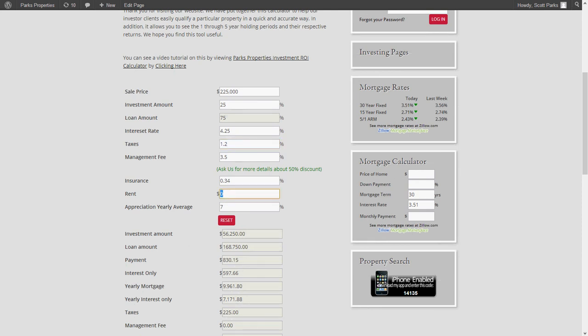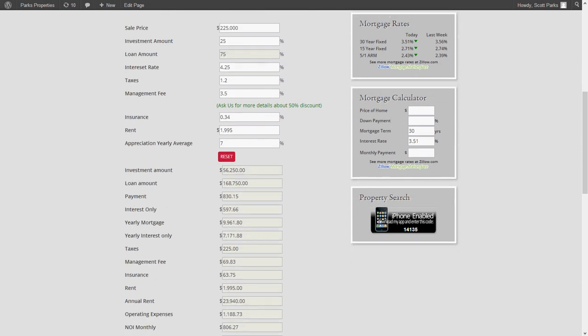For this example, we'll use $1,995, and year over year for the appreciation average, we'll use 7%, because this was our first year since last year with a little over 6% appreciation in Northern California. But this will definitely range for the area that you're looking to buy in. So you can talk to a local agent if it's not an area that we cover for that figure.